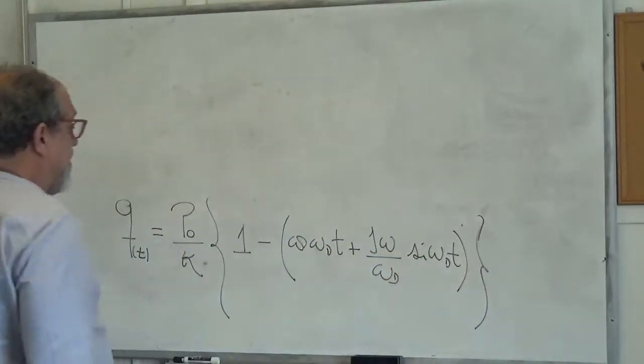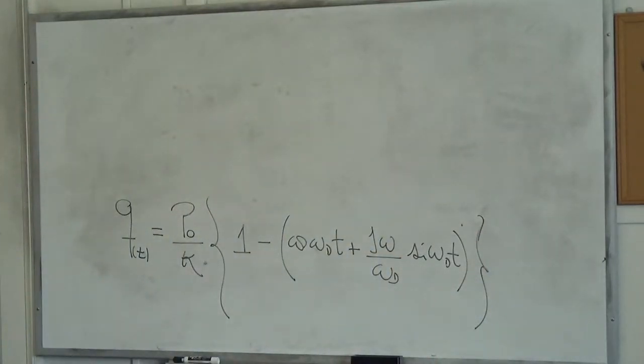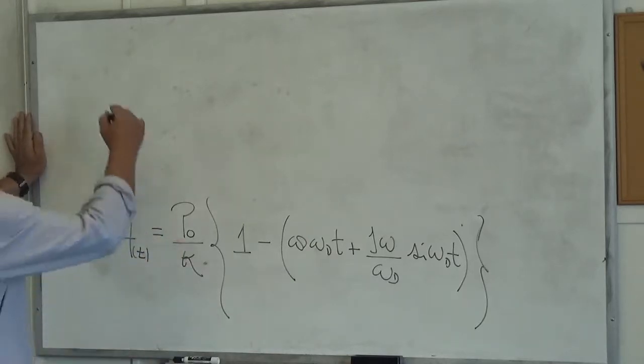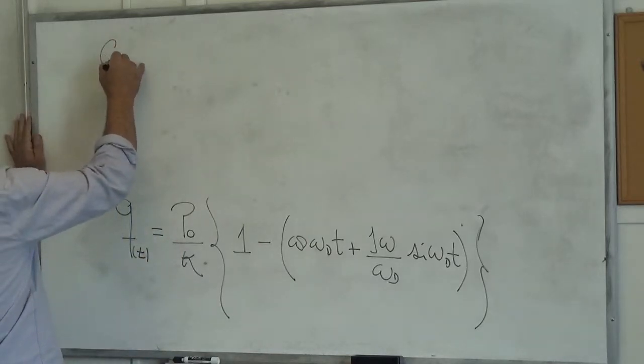And this is what we have, right? So this is the response of the system that starts from rest and gets subjected to a step load. It is of interest to take a look at the undamped case.